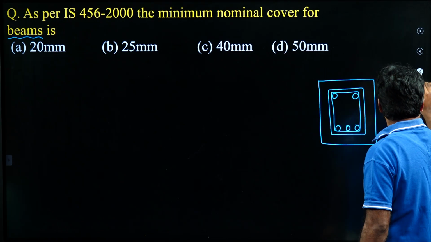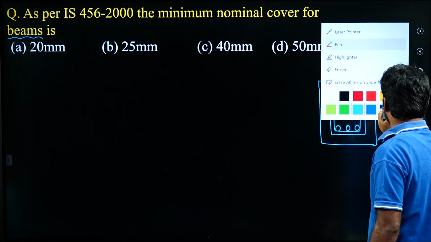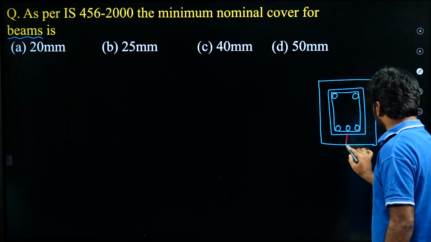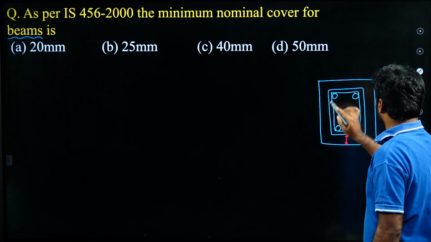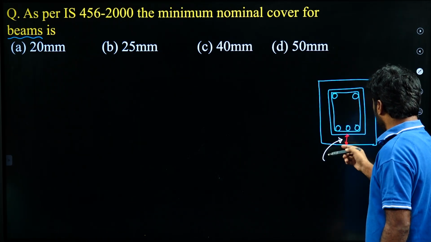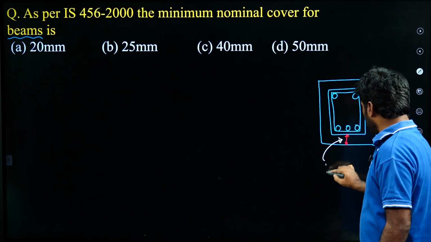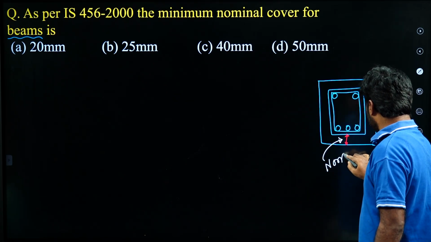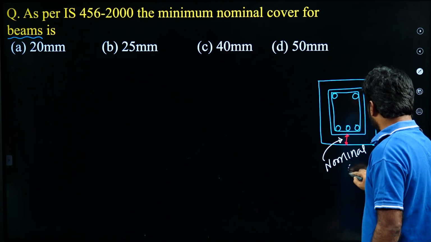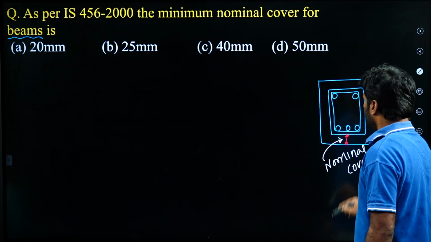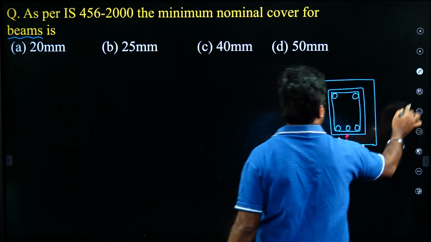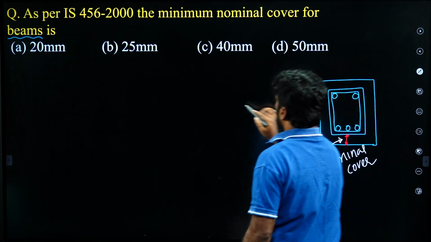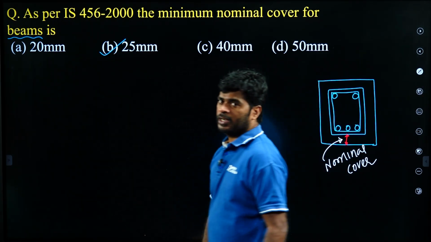You measure the depth of concrete from the extreme concrete face till the face of the stirrup. This is the nominal cover. It is 25 mm, so the minimum nominal cover for beams will be 25 mm.